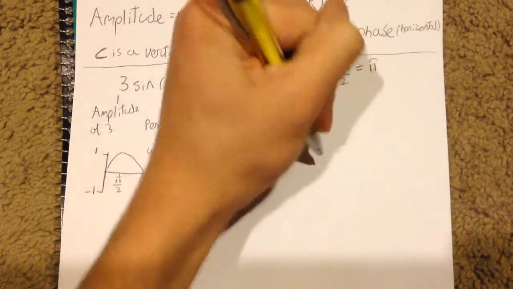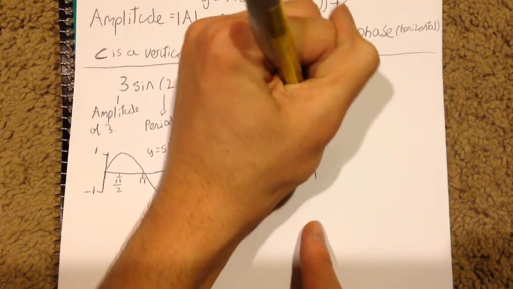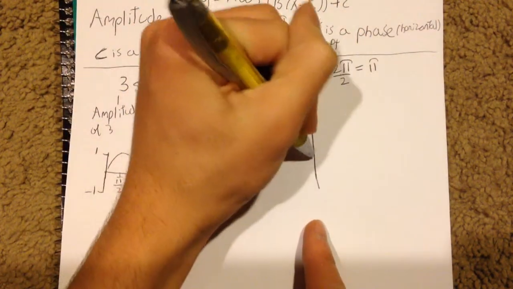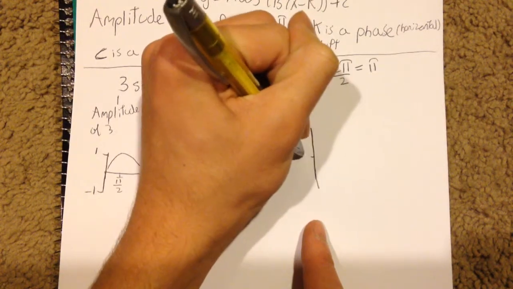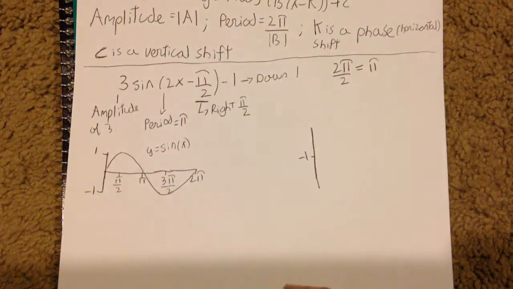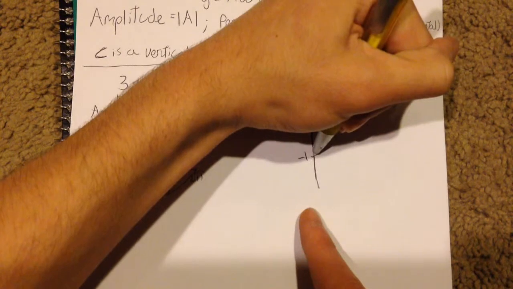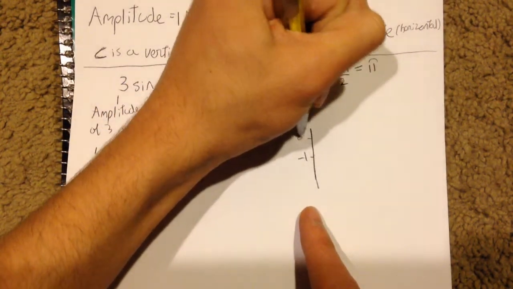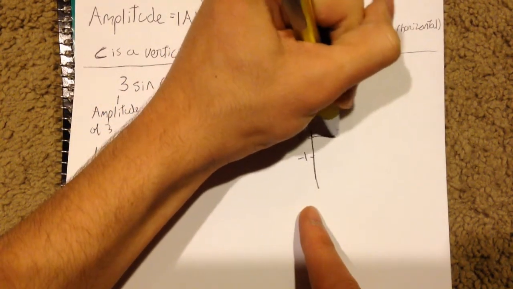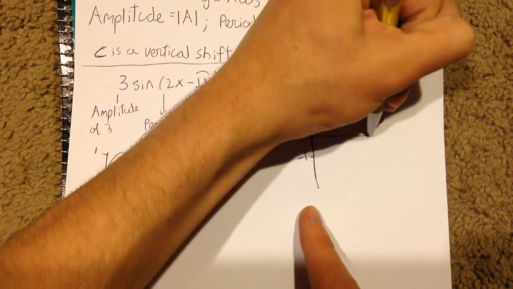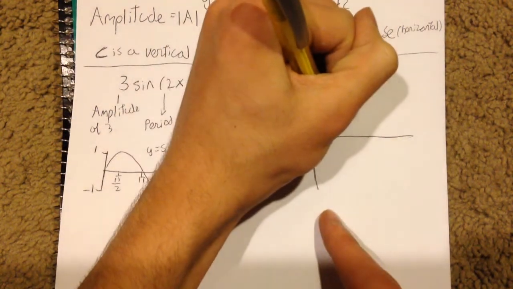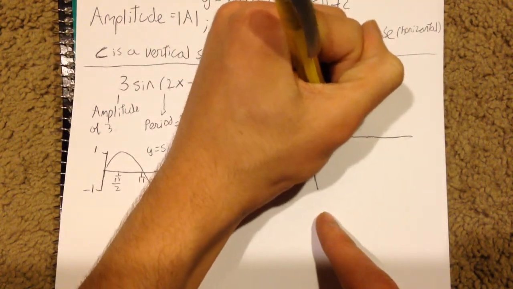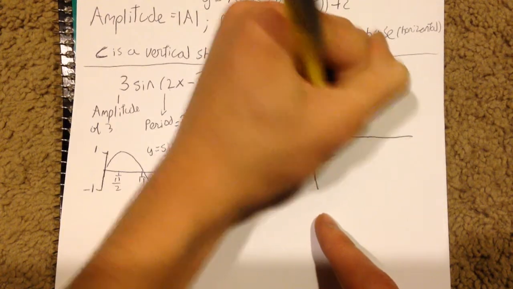So the function is going to start at -1, and it's going to move to the right pi over 2 units, so it's going to start at pi over 2.